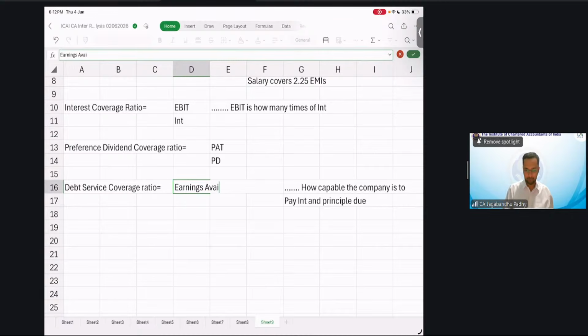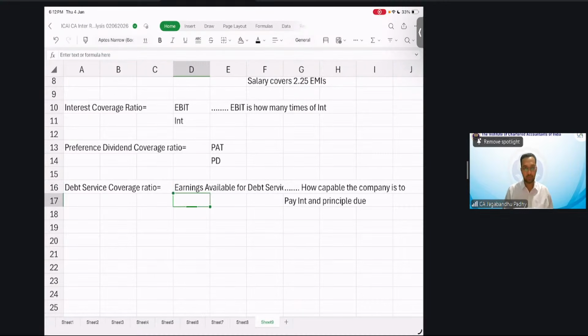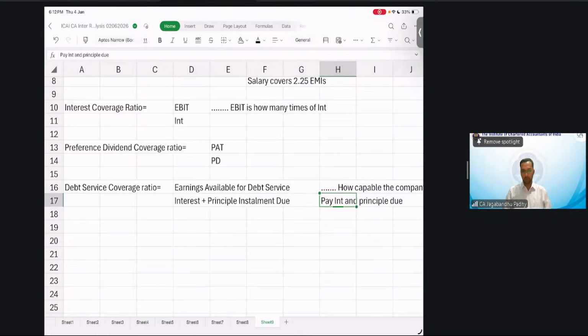So the formula that we have for debt service coverage ratio is, we write it as earnings available for debt service upon interest plus the principal installment due.